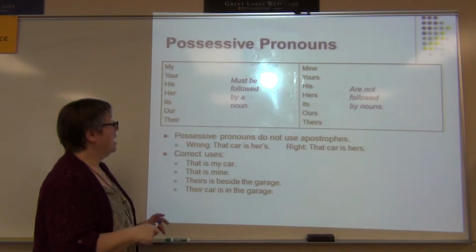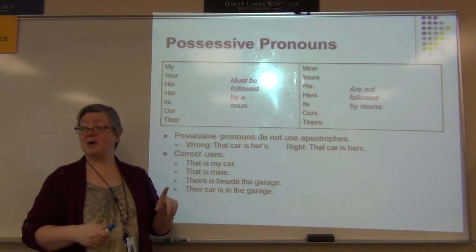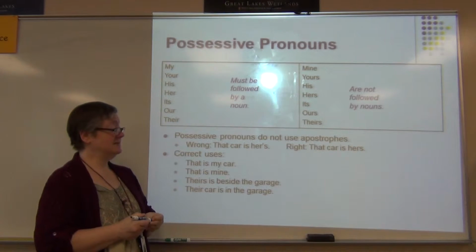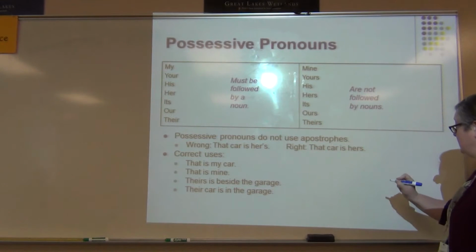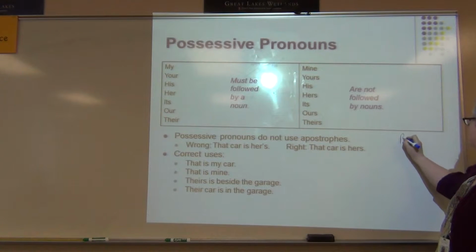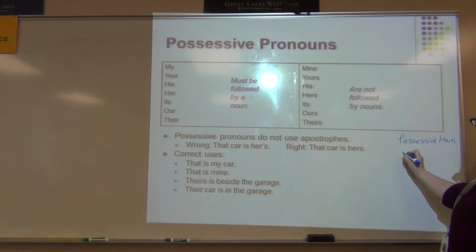All right? The other thing to keep in mind is that possessive pronouns do not use apostrophes. This is key. It's tested, and in your writing it's very important to get it right. So for example, I'm going to talk about a possessive noun. Okay? So let's say we have a man.